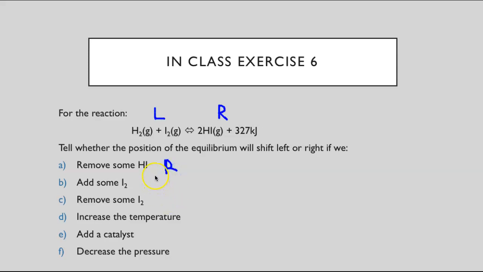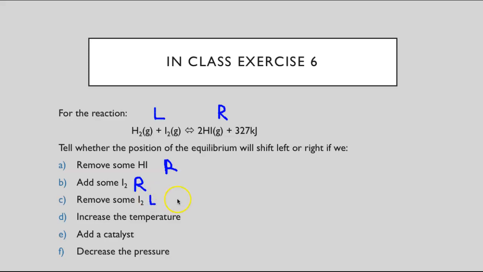If you add some I2, I2 is on the left. You add something, it shifts to the opposite side. So it's going to shift to the right. If you remove some I2, it shifts to whatever side I2 is on, which is the left.